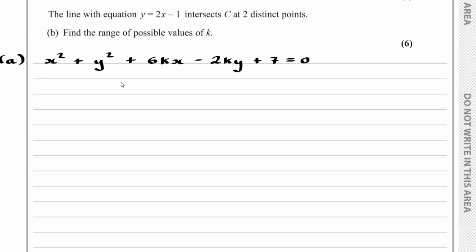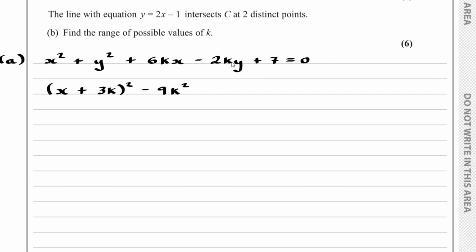equals 0. If we complete the square for the x's, well, halving the coefficient of x, we end up with 3k, so we have x plus 3k all squared, and then we subtract the square of 3k, which is 9k squared.